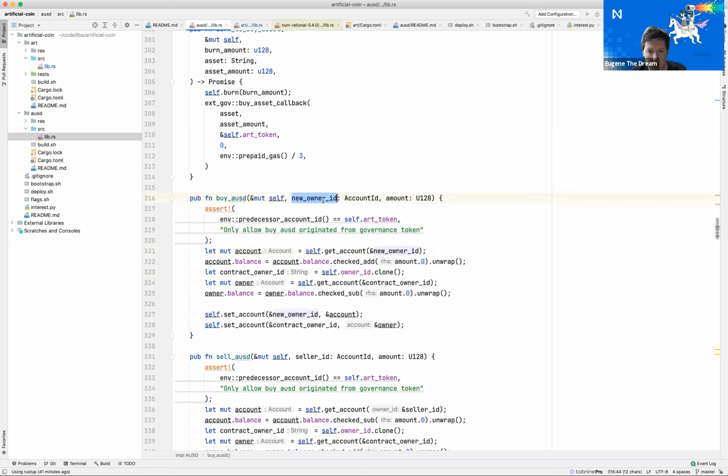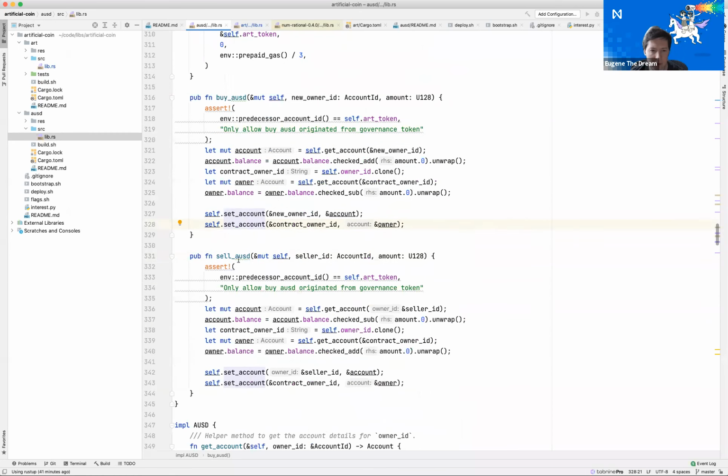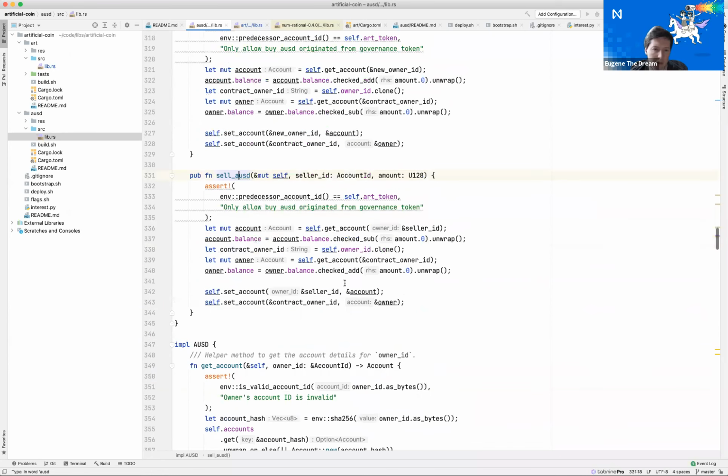You should call new owner ID or like pass the new owner ID. Contract owner. So we increase the balance, decrease the balance, and save both of them. Sell AUSD. So we decrease and increase. So this is where the issue was, where it can just fail because the balance is 0.